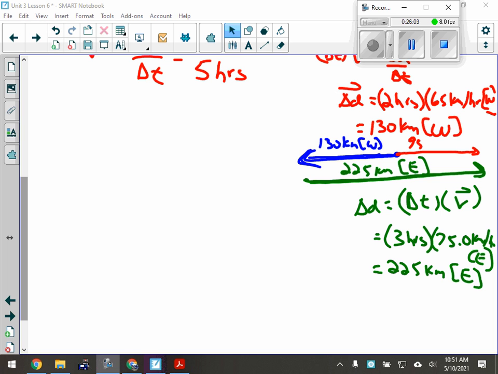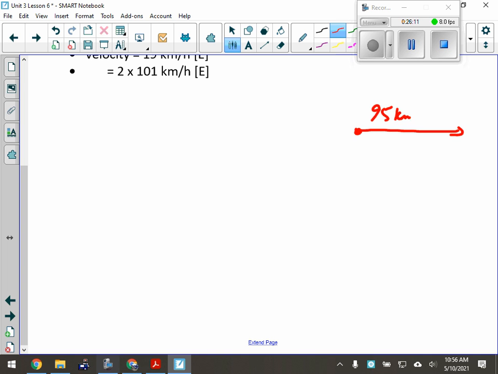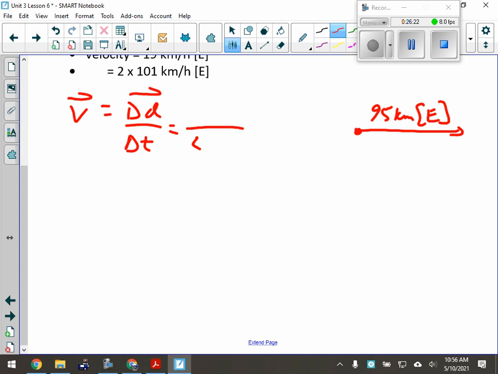Okay, bear with me. So again, we have this red vector here, that was 95 kilometers in the east direction, okay? And like I said, when I come over to here, my displacement, and we already talked about how the time is 5 hours basically, and 95 kilometers in the east direction.